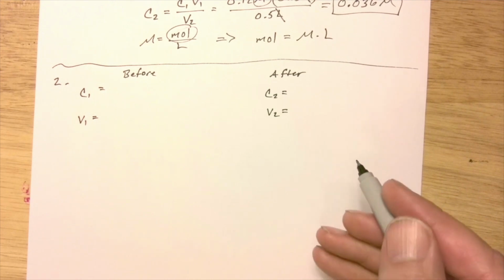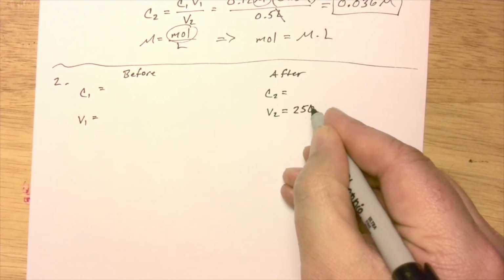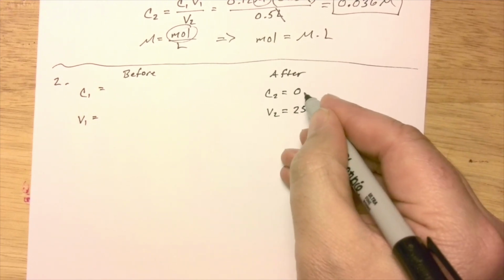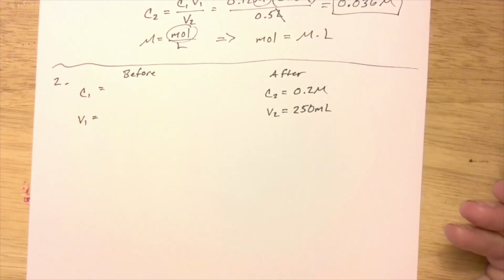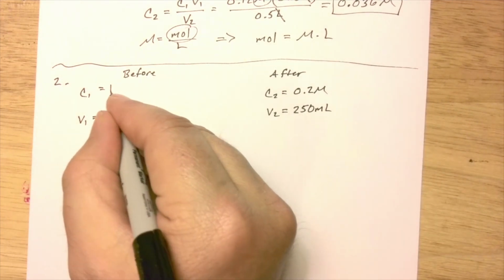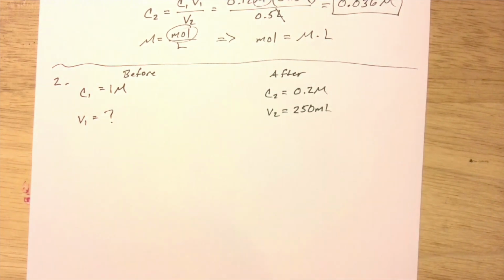So you need 250 milliliters. So that's your volume. And you also need 0.2 molar. So that's what you need at the end. You have 1 molar. So the question is, how much do you have to take out of it to give you that concentration?